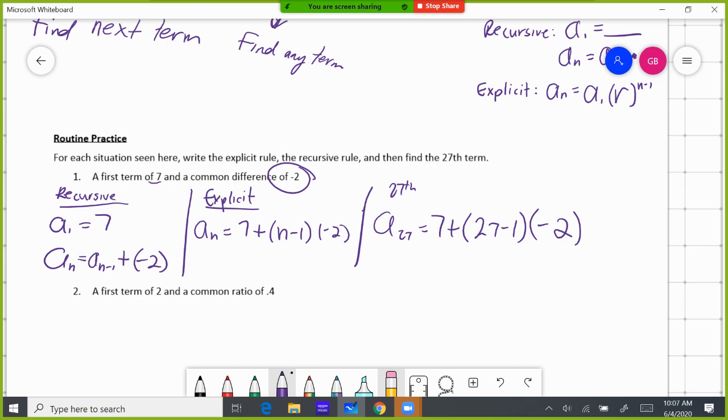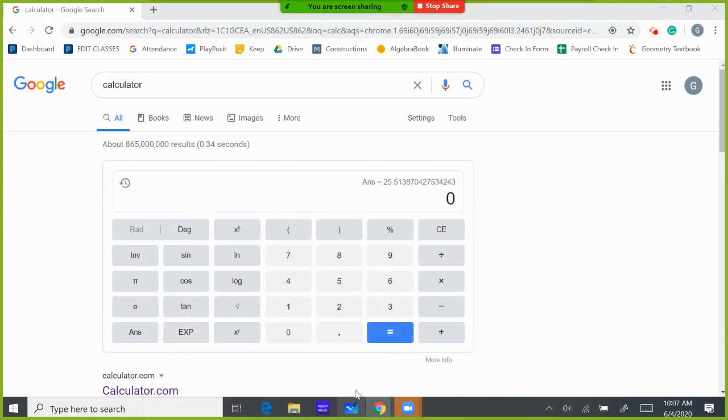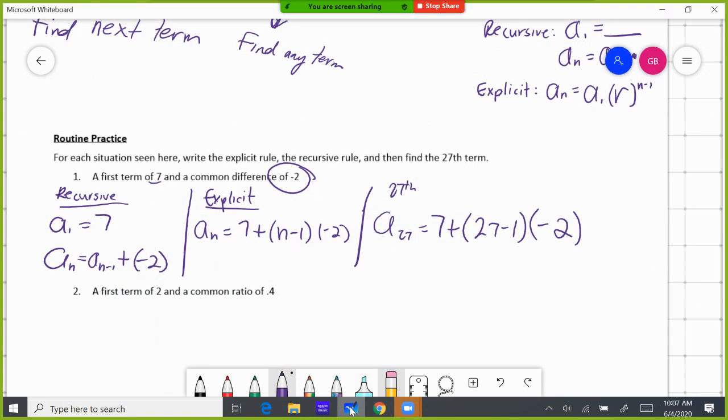Okay, so I'll go punch that into the calculator. 7 plus 27 minus 1 times negative 2. And that's negative 45. Okay.